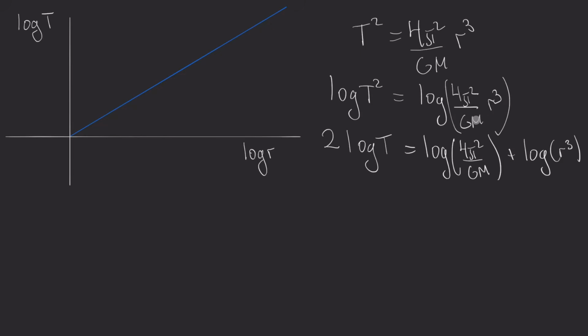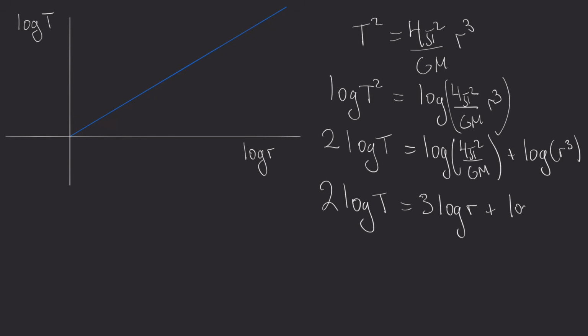All I've used here is that the log of x times y is equal to log of x plus log of y. Okay, now 2 times log of T is going to be equal to 3 times log of r, plus the log of 4 pi squared over GM. What I've done over here is I've brought the 3 outside of the log using the rules of logarithms.